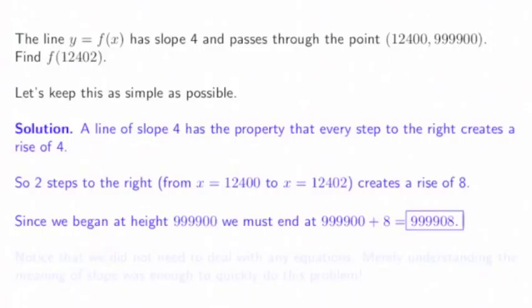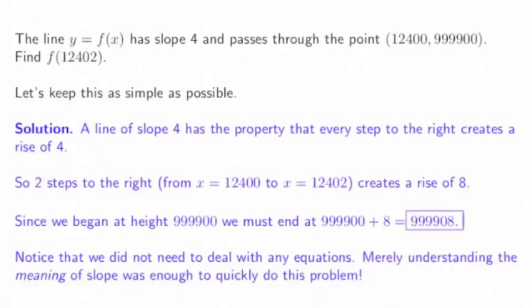So there's our answer. The y value is 999,908. Notice that we did not need to deal with any equations. Merely understanding the meaning of slope was enough to quickly do this problem. We noticed that the x value we're being asked about was 2 steps to the right of the old one, so we knew that we had to rise by 8, since slope was 4.